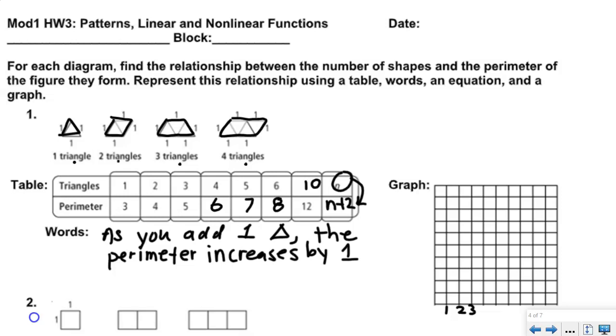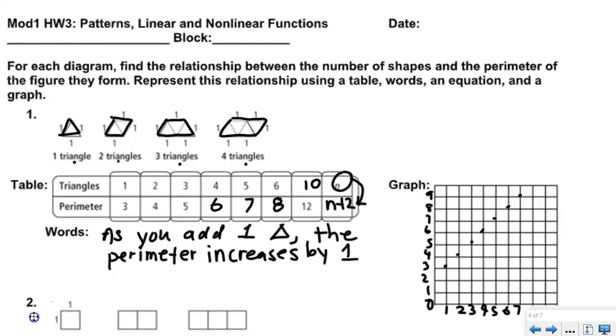So as I'm going to be doing my graph, I just want to number my scale. And here's 0, 1, 2, 3, 5, 6, 7, 8, 9. So when I had 1 triangle, my perimeter was 3. 2 triangles, perimeter was 4. 3 triangles, the perimeter was 5. 4 and 6, 5 and 7, 6 and 8, 7 and 9.